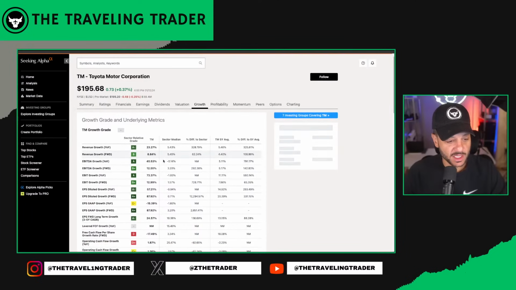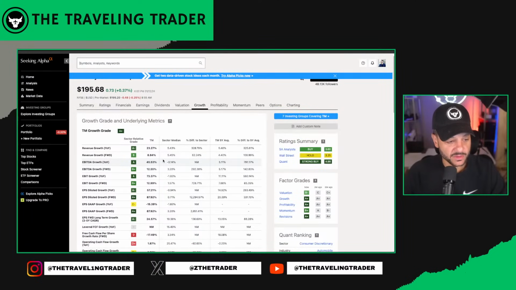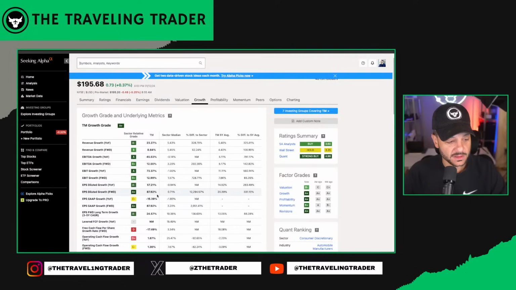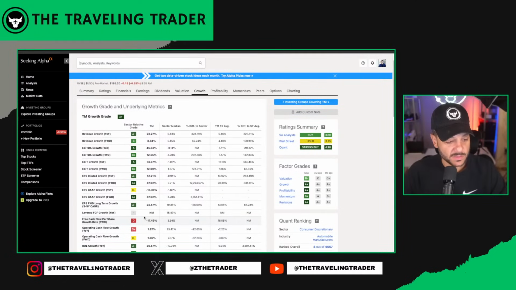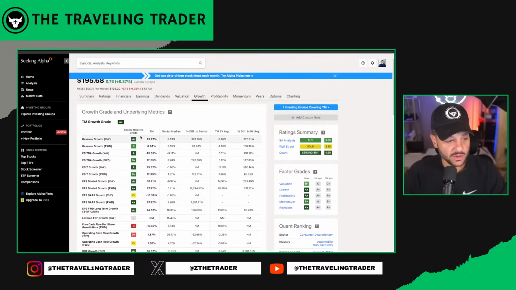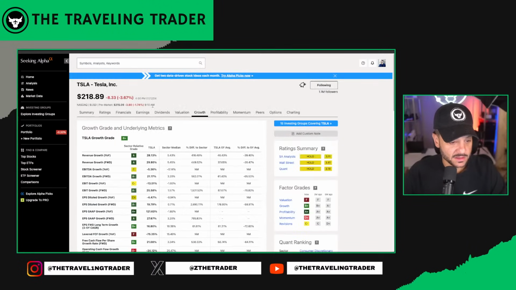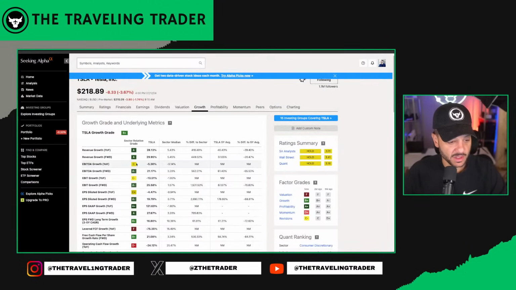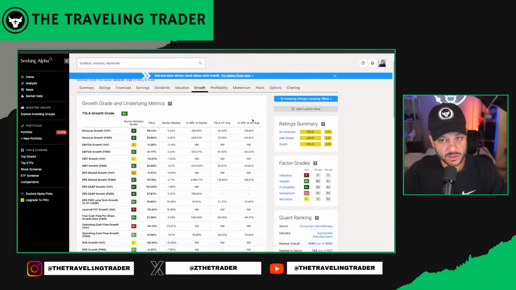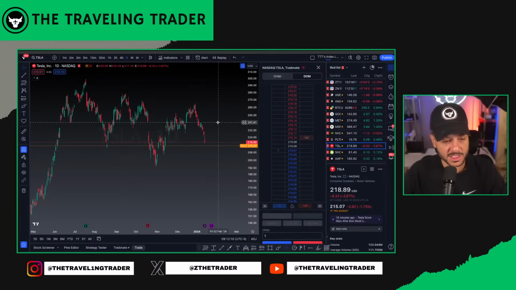But if you take a look at Toyota's growth prospects, they're insane, right? If you take a look at its revenue growth and its EBIT growth, it's very comparable in some respects to Tesla, right? 28% EBIT growth forward, 21% EBIT growth year over year, actually negative 5%. So a lot is priced into Tesla, and what is priced in is the fact that it's not just a car company, right?